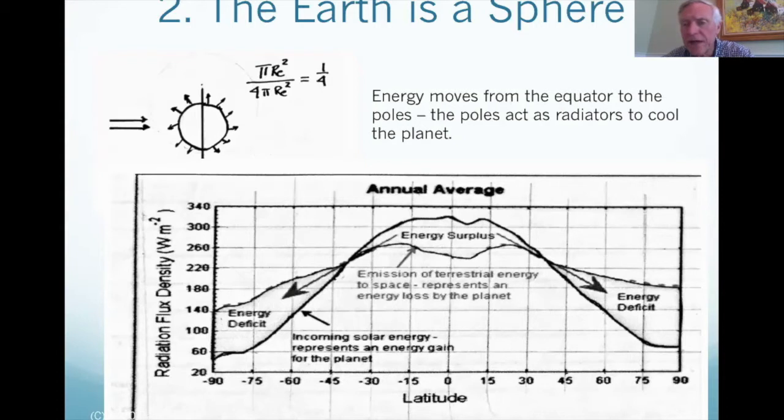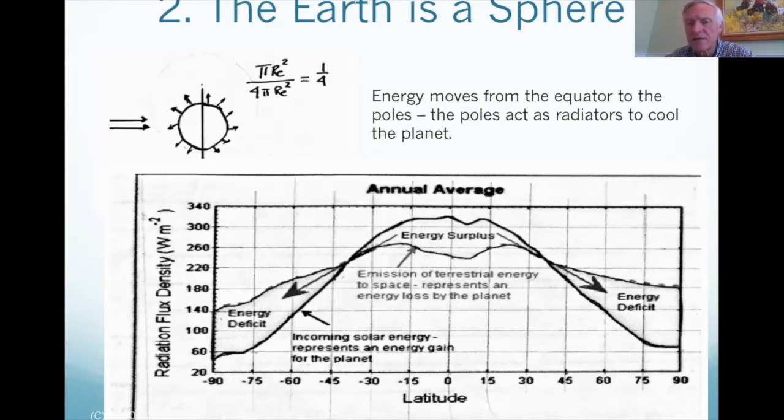And the reason that happens is because energy gets moved to Oslo by circulation in the atmosphere and the oceans, right? So from about 45 degrees out, there is an energy deficit. In other words, more energy is radiated away from the Earth than is received. And between 45 and minus 45, more energy is received than is radiated.